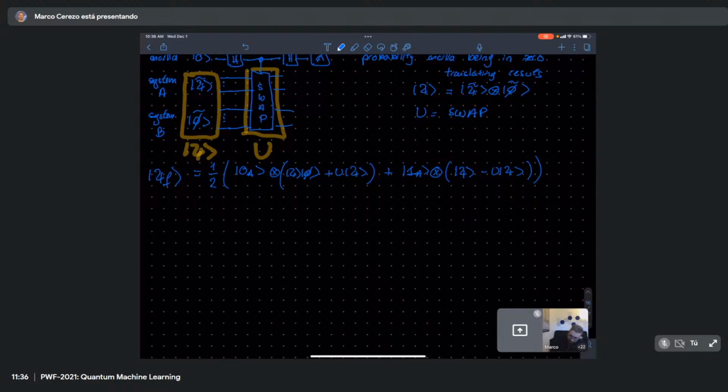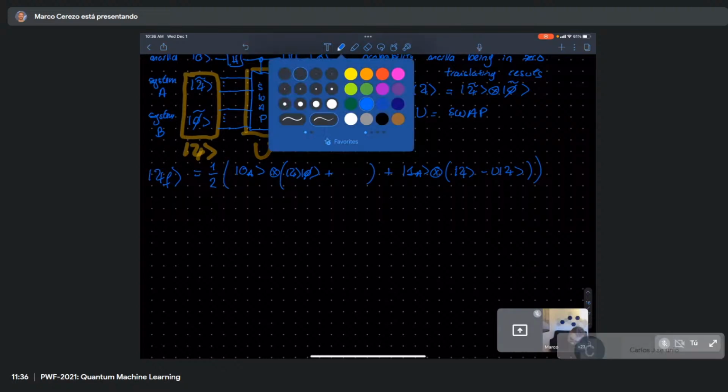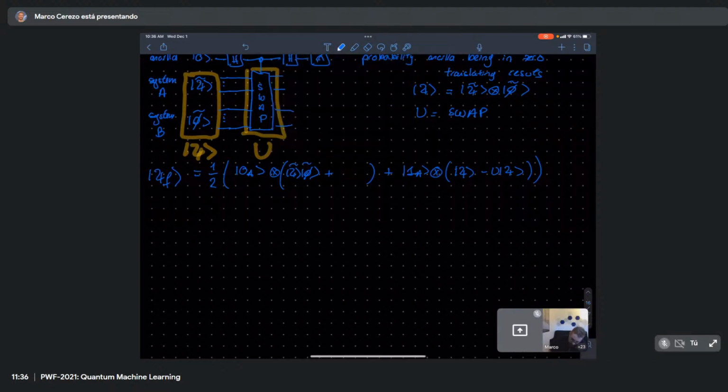So everywhere we had this here, we just have to replace it. Psi gets replaced by psi tilde tensor phi tilde. Here we have u psi, but because it's a swap, we have something that looks like this, right? And similarly here with a minus sign.